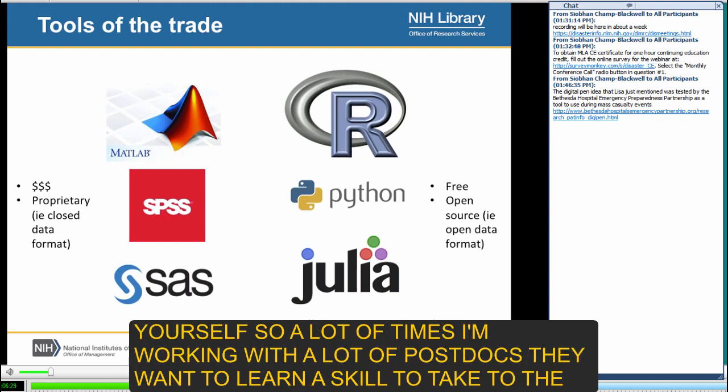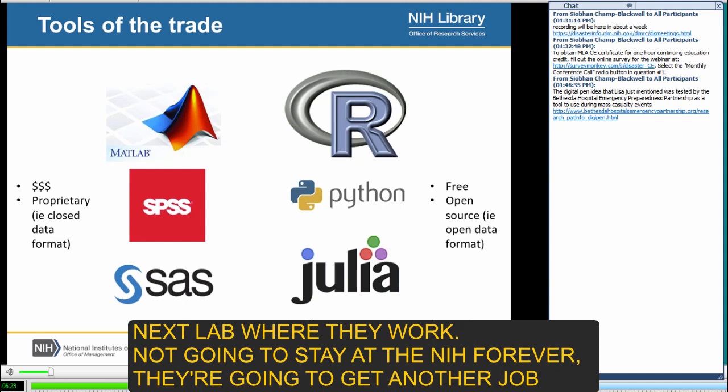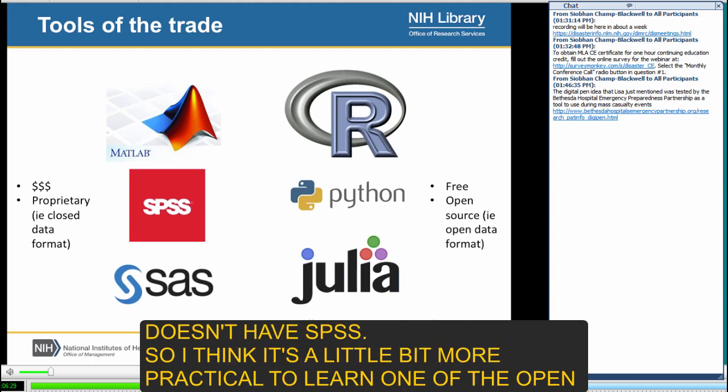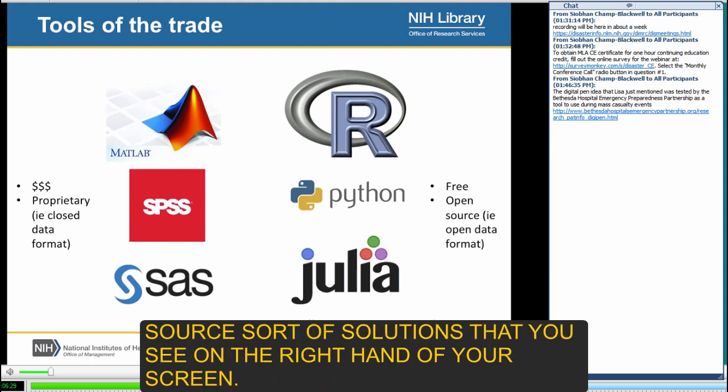So a lot of times we have a lot of postdocs at the NIH, and they want to learn a skill that they're going to be able to take to the next lab where they work. They're not going to stay at the NIH forever. They're going to go on and get another job somewhere else. And it may be that their lab at NIH has SPSS, but maybe the next lab that they go to doesn't have SPSS. And so I think it's a little bit more practical to learn one of the open source solutions that you see on the right hand of your screen.